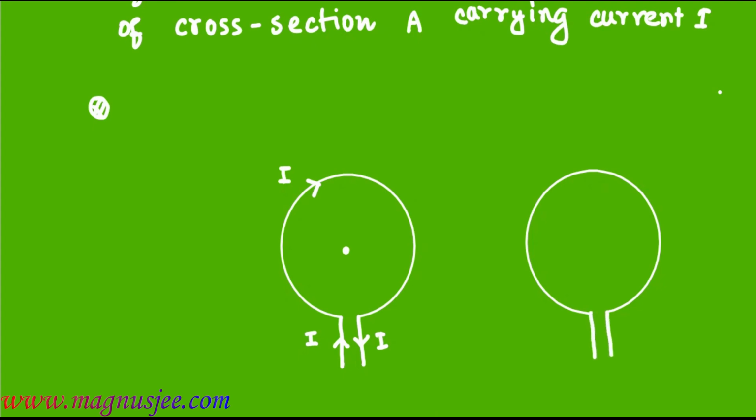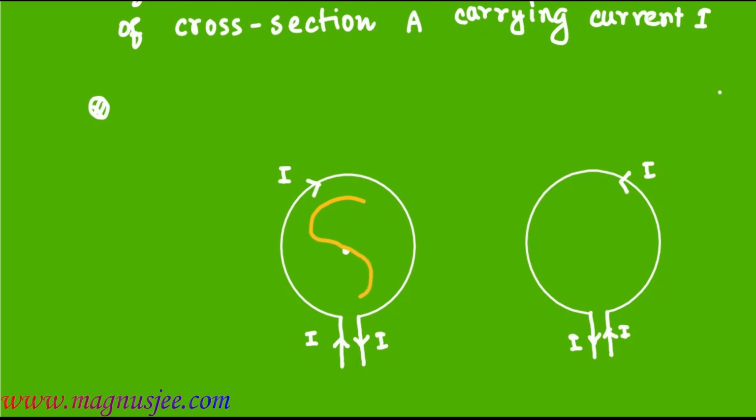If the same coil is observed from the back face, current will appear to flow anti-clockwise. Current enters and flows away from the coil.